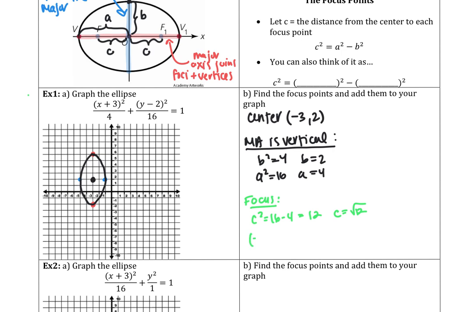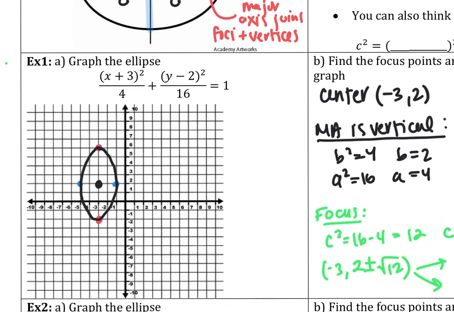The focus points are at -3, and then I'm moving vertically here, so 2 plus or minus root 12. Well, root 12 is approximately, how much? It's approximately 3.5, okay, about 3.5. So when I actually look at these 2 points, I will have (-3, -1.5) and (-3, 5.5). So let's go plot these over here.